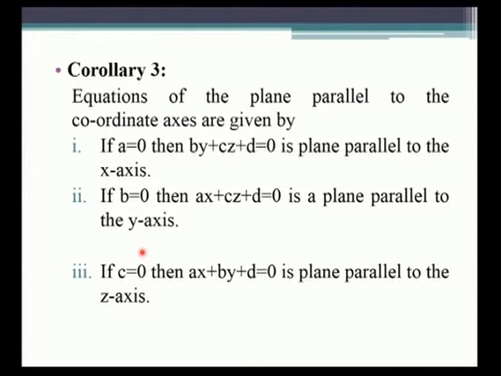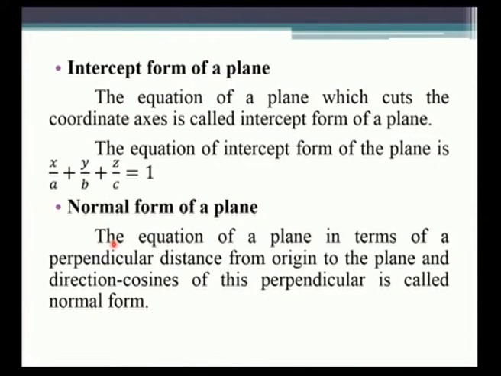So from this explanation, you learnt the general equation of a plane and different cases in the equation of a plane. Then the next important part in the equation of a plane is the intercept form of a plane. The equation of a plane which cuts the coordinate axis gives the intercept form of a plane. That means that plane intersects the coordinate axis.